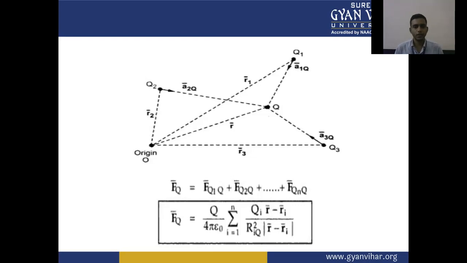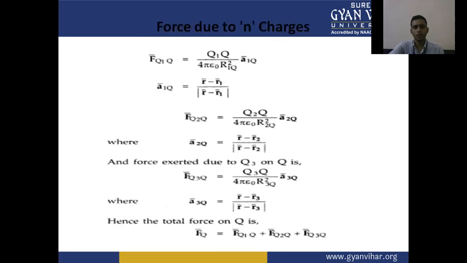This is given by the equation shown in the box, that is FQ is equal to Q upon 4 pi epsilon naught, summation from i equal to 1 to n, Qi (R minus Ri) upon mod of R minus Ri squared. This is the generalized formula for the case of n number of charges.